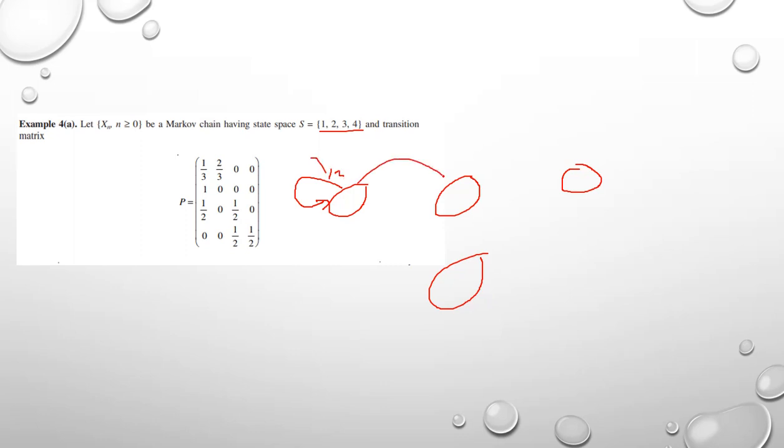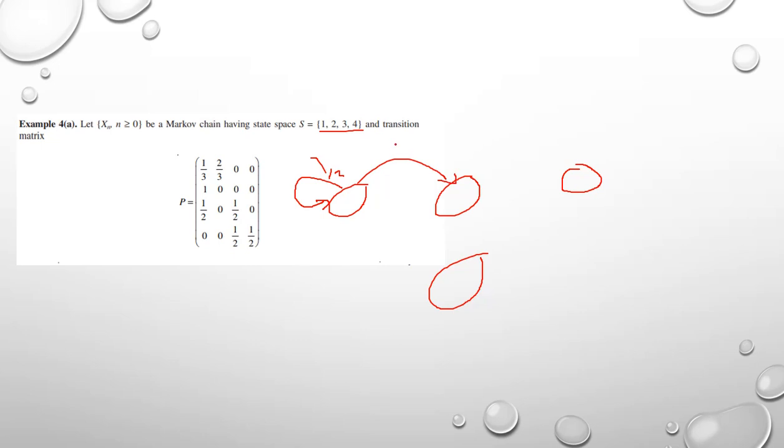See, this is my example. There are 4 classes. First, formulate the graph. We don't need calculation. I will tell you simple tips for this type of question. By just the graph we can say. 1 to 1 is 1 by 3. 1 to 2 is 2 by 3.